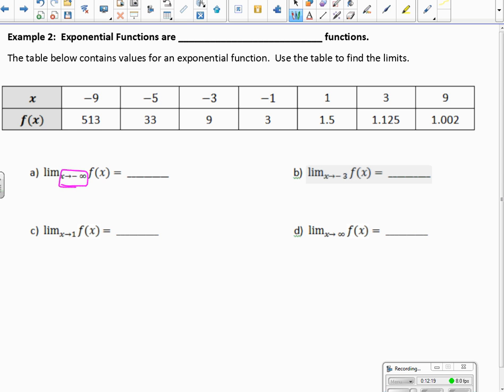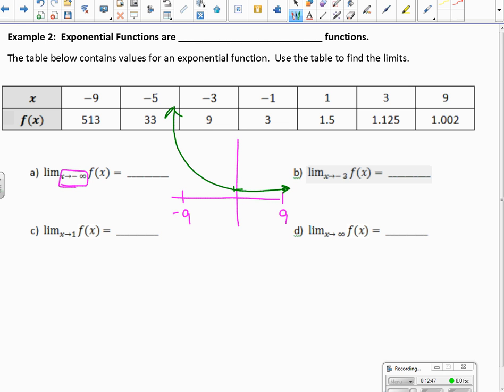As I approach negative infinity, I noticed the trend. I'm just going to picture this. Let's say we've got negative 9 over here and positive 9 over here. When I'm at positive 9, I'm at a height of 1. Let's just call this a height of 1. And when I'm at negative 9, I'm sky high. So it appears that perhaps we're coming into it around here.